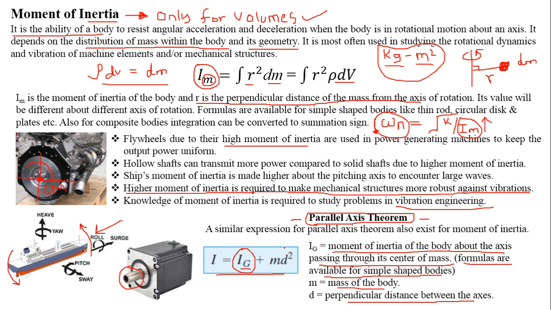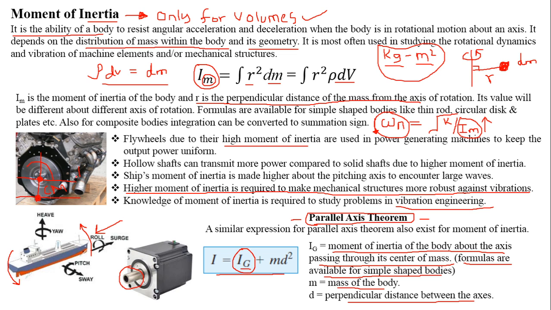And this gives you an impression that, for example, if you want to calculate the moment of inertia of this flywheel about an axis that is located here at this point, then you must know the moment of inertia of this flywheel about its center of mass first.